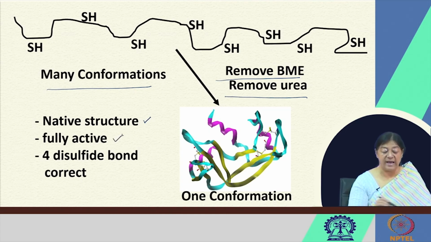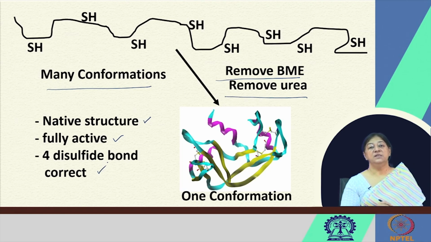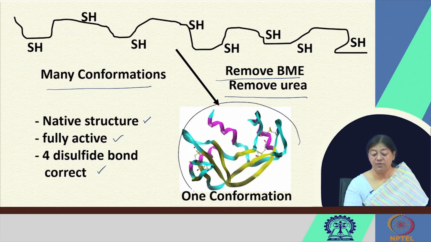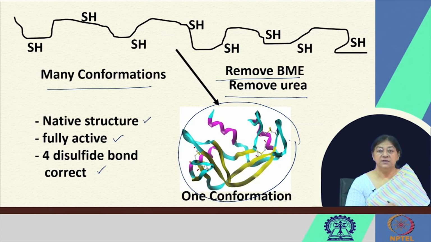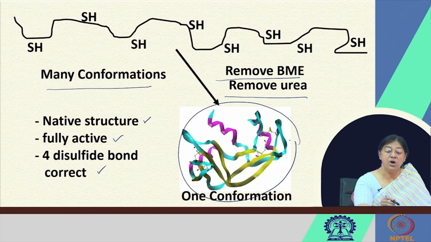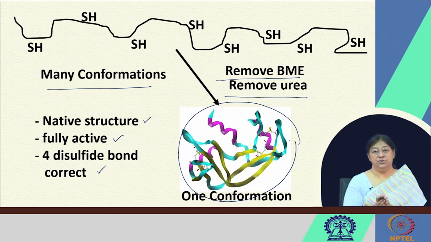It was fully active, and the 4 disulfide bonds that were there in the original protein, the native conformation, gave this one conformation, indicating that the disulfide linkages that were reduced to form the SHs reformed to form the native structure.